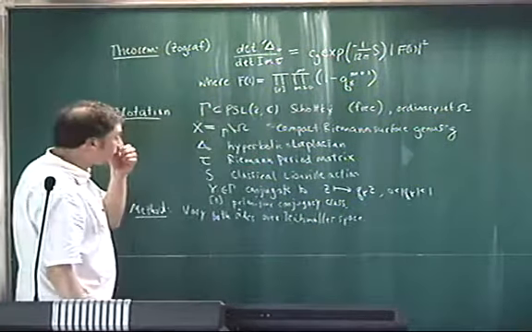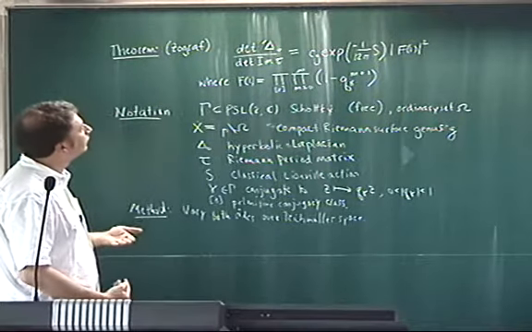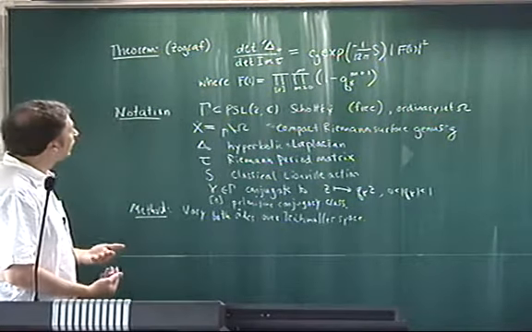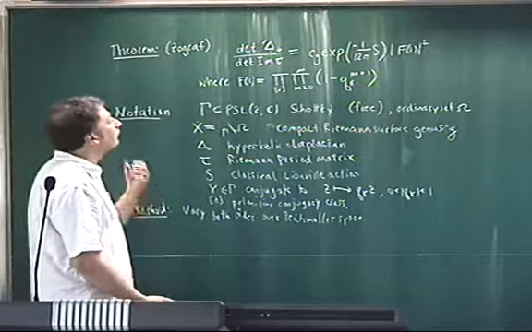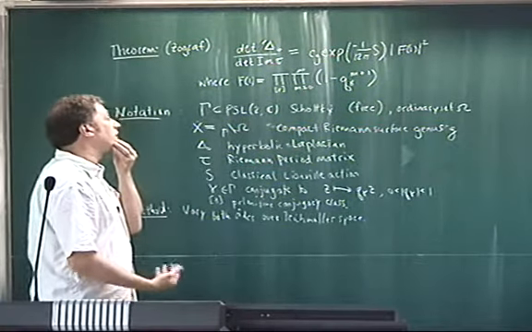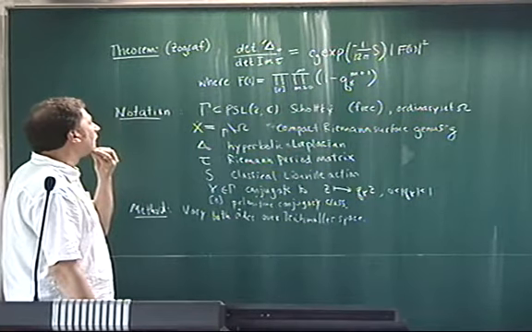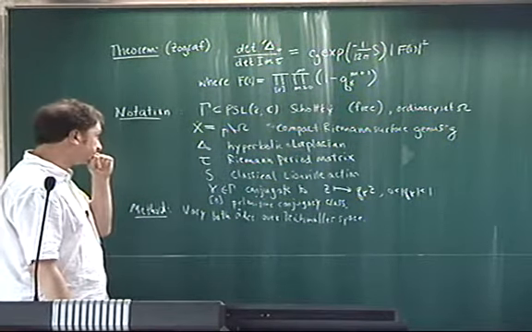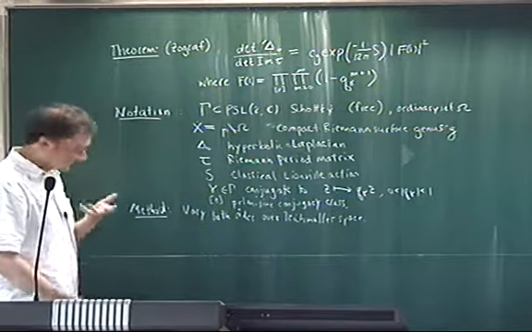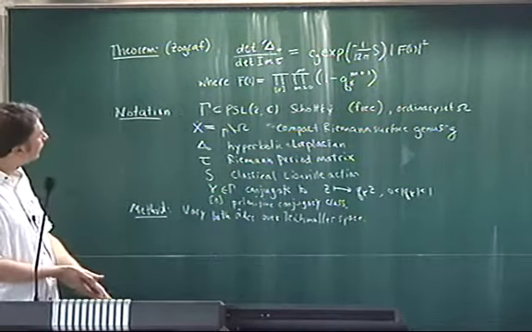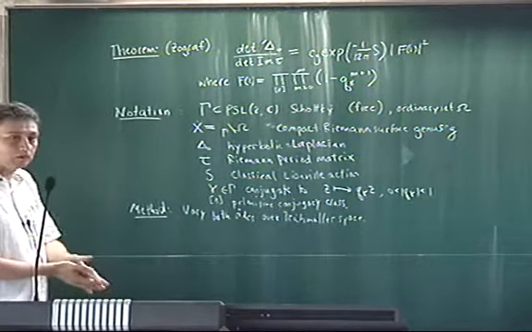And the basic method here is just to vary both sides over the Teichmuller space. So to take the derivative of both sides of this equation and say that they're the same. So that's the overall setup.